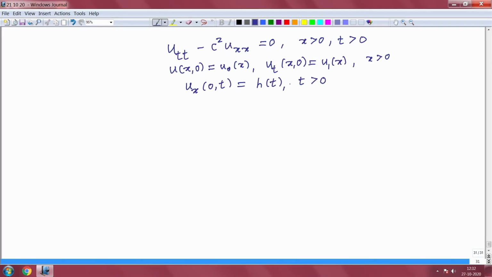So, u0, u1 and h are given functions with appropriate smoothness.